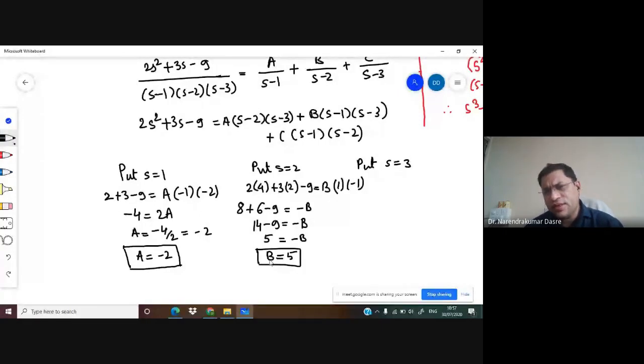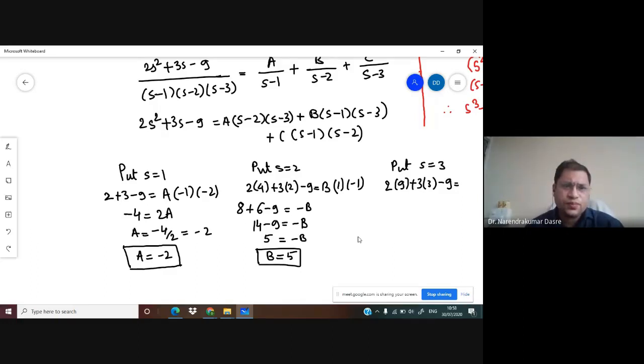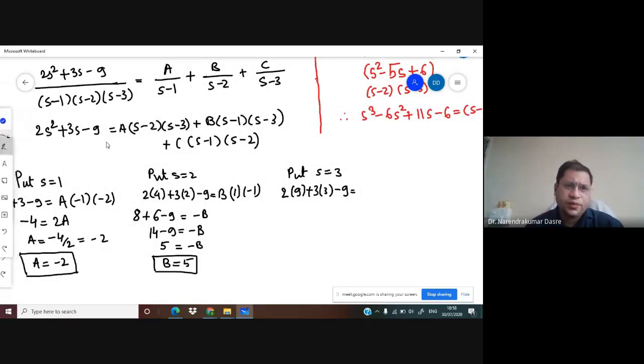Now we have to consider C. So what happens for C? Now if I am putting S is equal to 3, this term will be 0, this term will be 0. This we have to consider. So that's going to be 2 into 9 plus 3 into 3 minus 9 is equal to, okay.